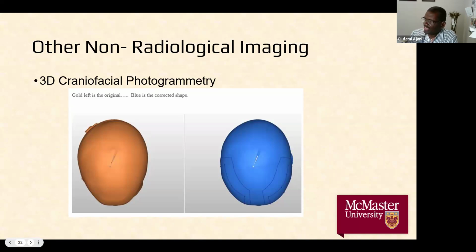It's like a scan, and then the images are converted by computer to 3D, and then you have this kind of picture. But this imaging is not usually done by radiologists; it's done by helmet orthotists.